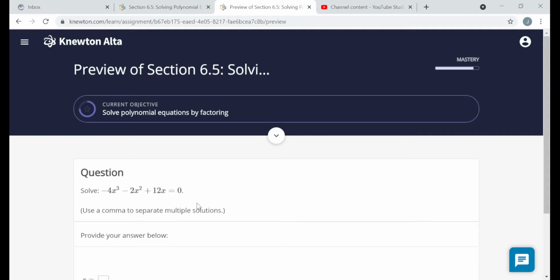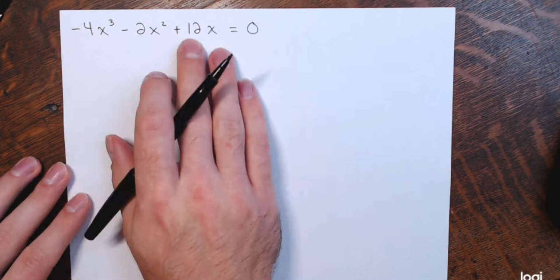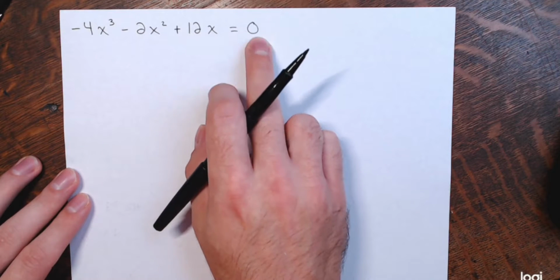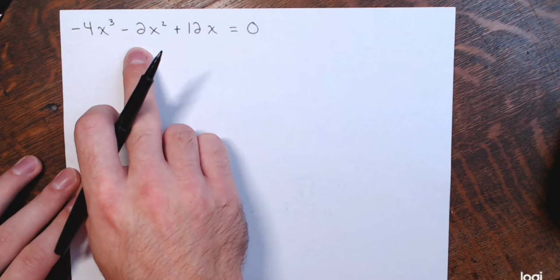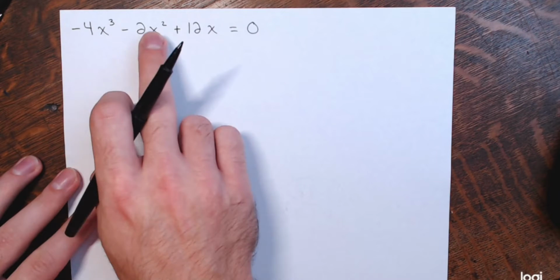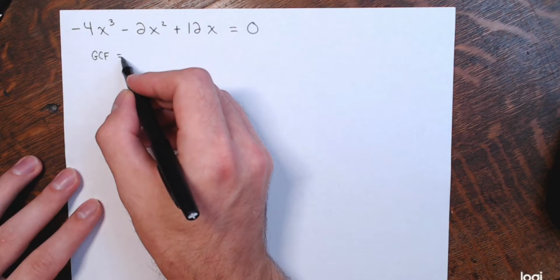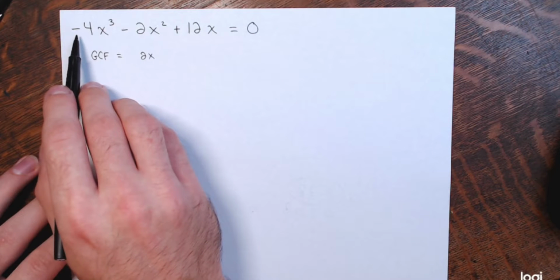Alright, so again, I'll write this out. So everything on one side, simplified polynomial on one side equals 0. Fantastic, that's what I want. And now I want to factor this polynomial completely. Alright, so the greatest common factor is 2x. The greatest common factor of all 3 terms is 2x, but as you've seen in earlier examples, the lead coefficient is negative.